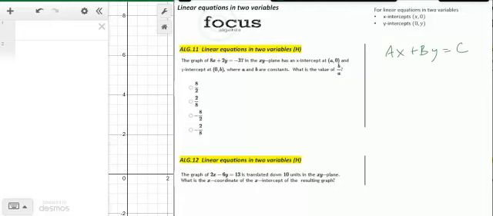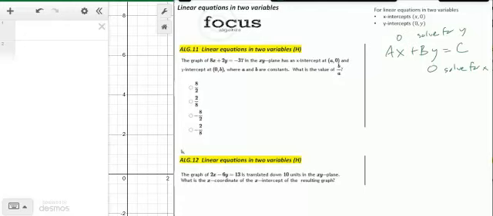If you let the x value be 0, then you solve for y. That gives you the y-intercept. If you let the y be 0 and solve for x, that gives you your x-intercept. So if you're finding the intercept, sometimes it's easier just to use that general form anyway.